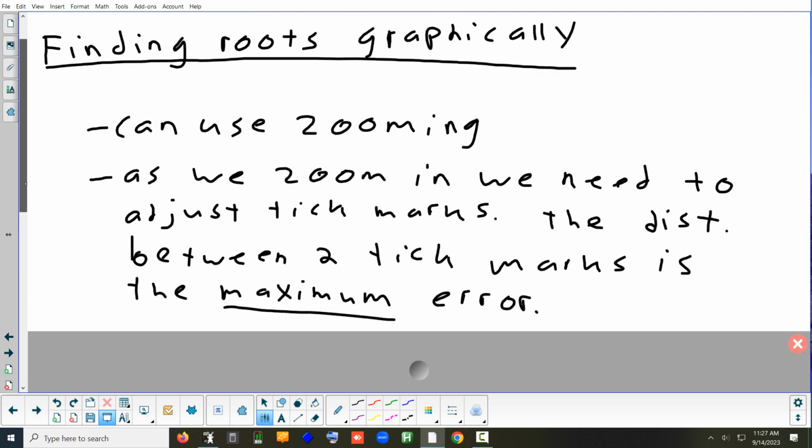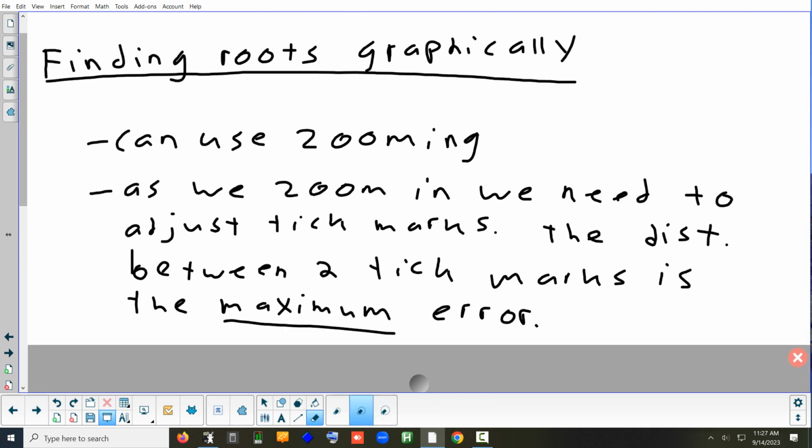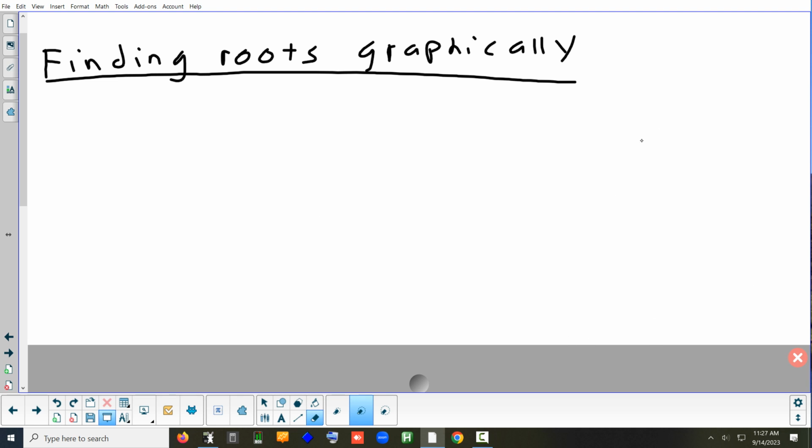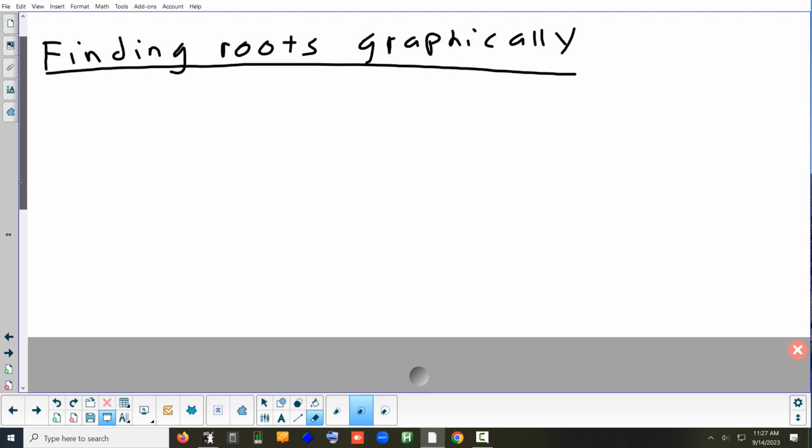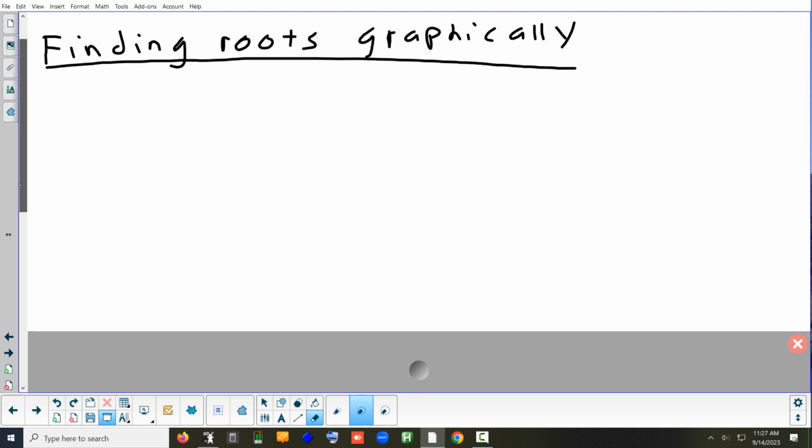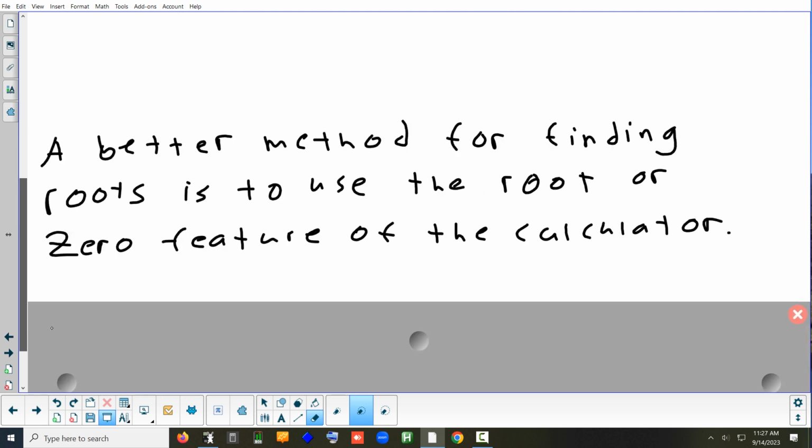Well, I don't want you to write down this part. So, finding roots graphically, and now I'm going to give you something to write down. The method that we're going to use, it's not a better method, it is the method.